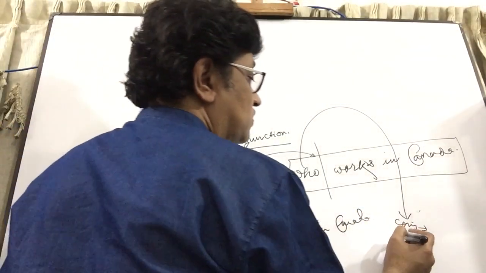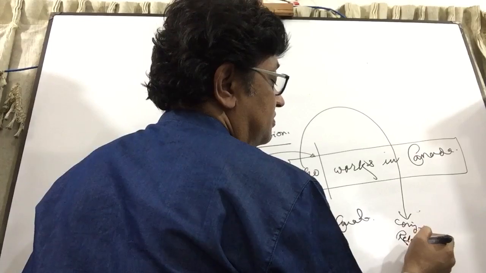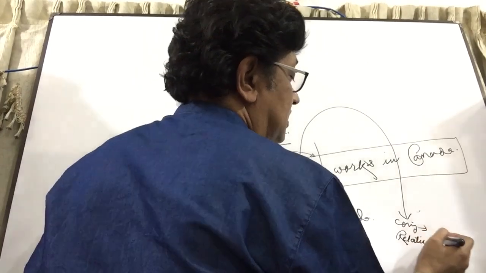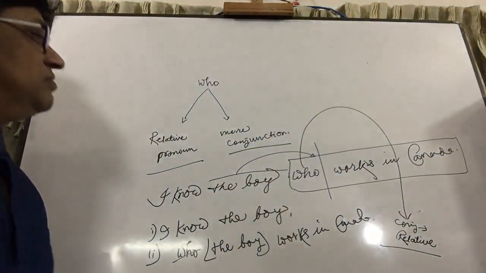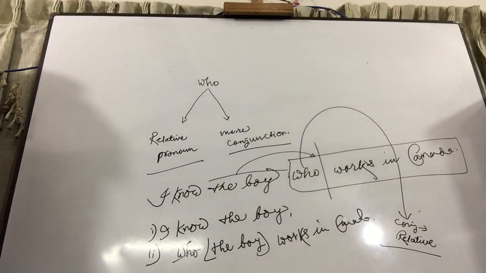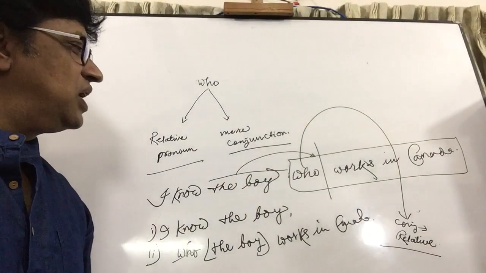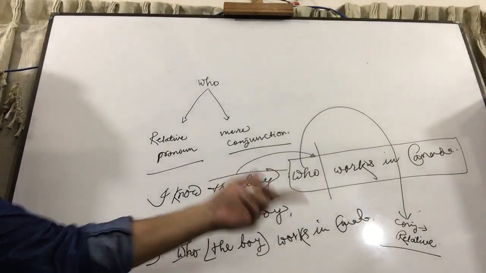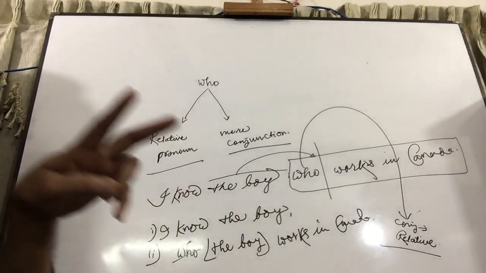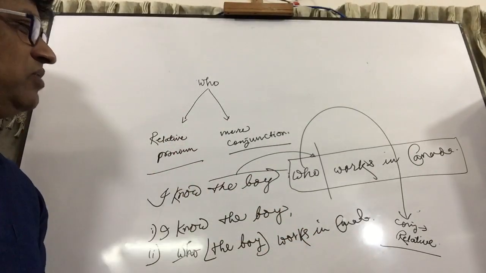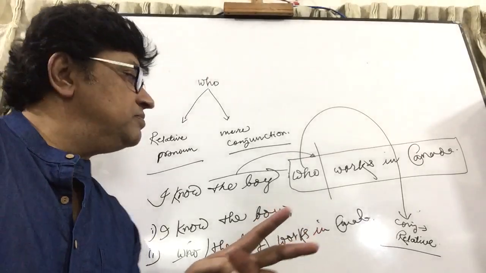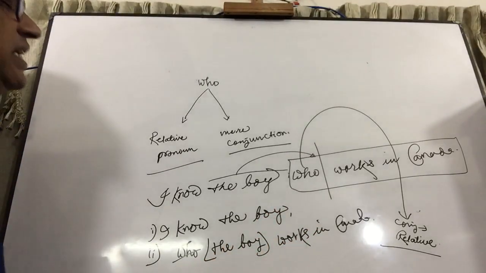That's why it is called relative. As it is listed, relative pronoun, you can say this is a relative pronoun. Relatives are of two types, relative pronoun and relative adverb. So here it is a pronoun.